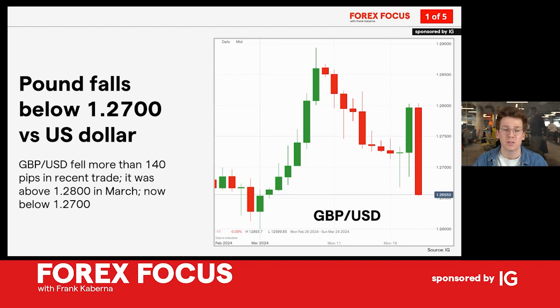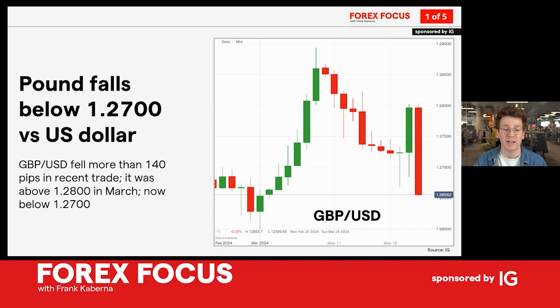When you look at Japanese yen, Australian dollar, and even euro, they're in a relatively weaker bucket compared to the pound and the Swiss franc, and even the Canadian dollar at times being relatively stronger than those other major currencies.